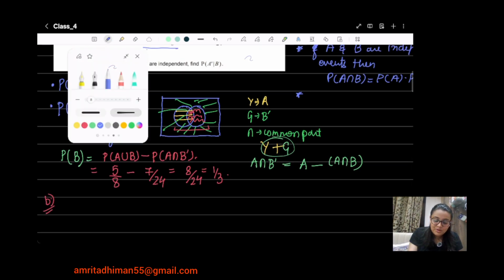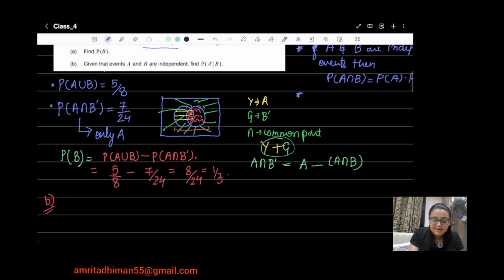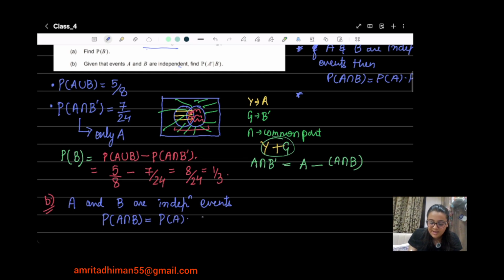So in part B, what they are saying is that given A and B are independent events, I can write that the probability of A intersection B is equal to probability of A into probability of B, right?